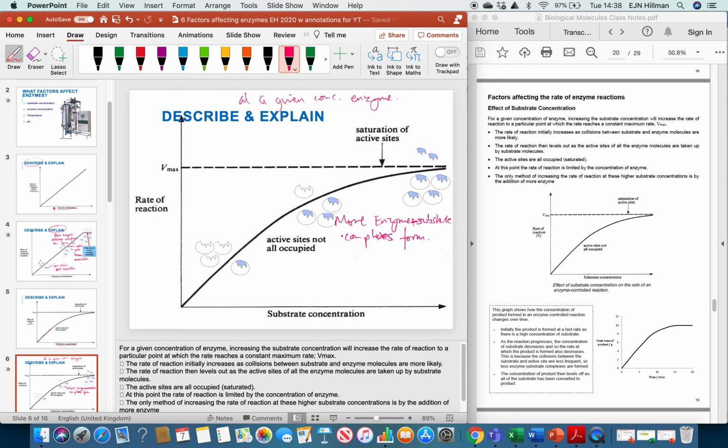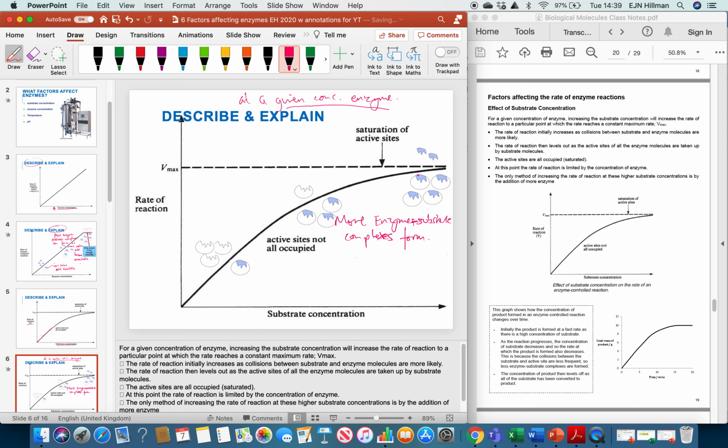Substrate increases, more enzyme substrate complexes can form, the rate of reaction increases. Eventually, because we've got this given concentration of enzyme, i.e. the enzyme concentration remains the same, eventually those active sites will become saturated.